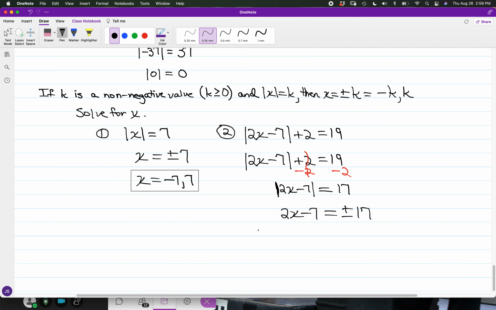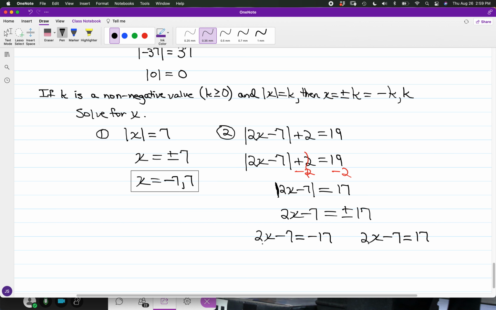It means we're going to branch out into two equations. One where we have, at the lower end, 2x minus 7 is equal to negative 17, and at the other end, we have also possibly that 2x minus 7 is equal to 17.